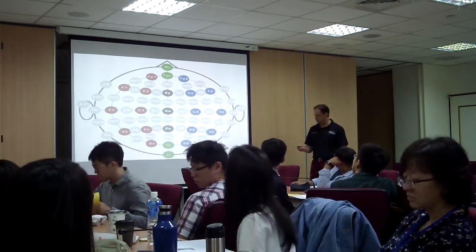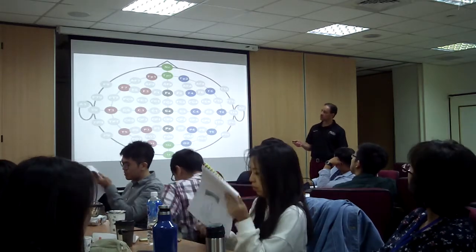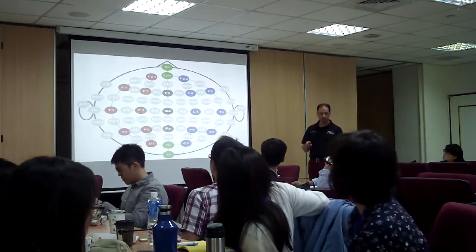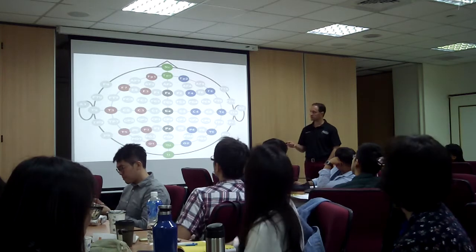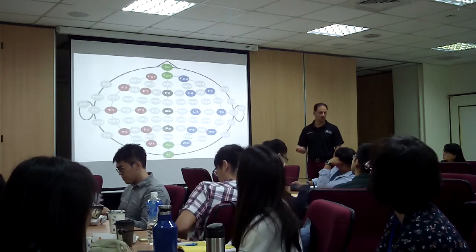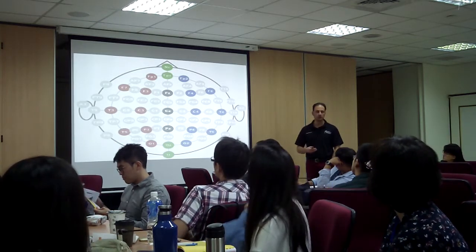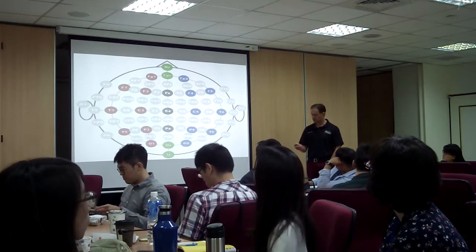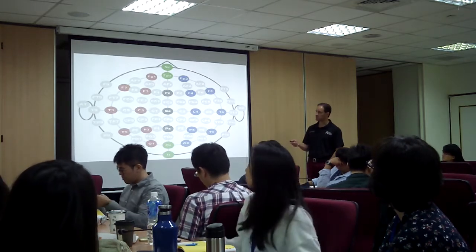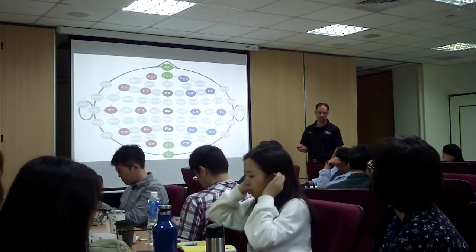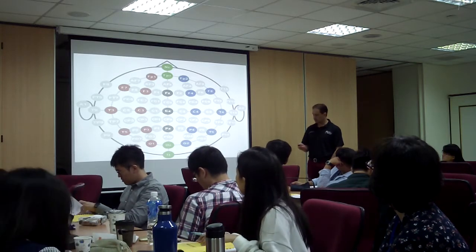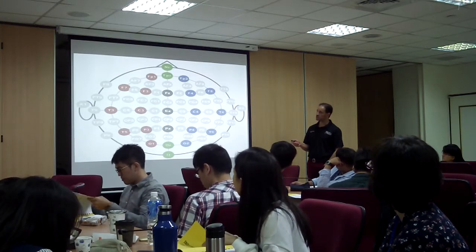Right? And it's called 1020 because these sides are either 10% or 20% distant from one or the other. So that's why it's called the International 1020 system, because it's either going to be a 10% difference or a 20% difference. Okay? And the nomenclature is just to make things easy for us.